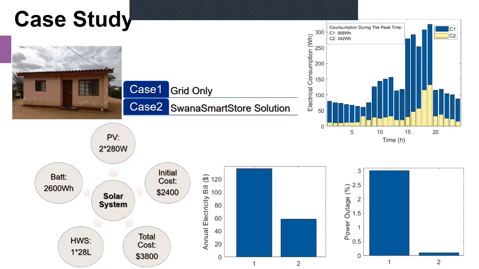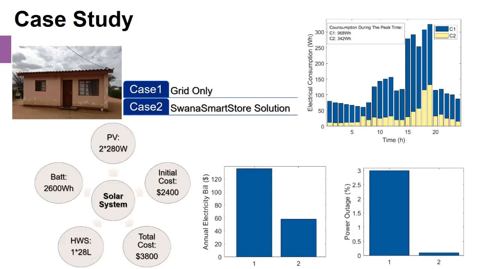The most important benefit for the utility provider is that the system reduced the peak hour consumption by more than 65%. So the SwanaSmartStore solution can provide reliable, affordable energy and also reduce the peak hour consumption, which is very important for the utility provider.